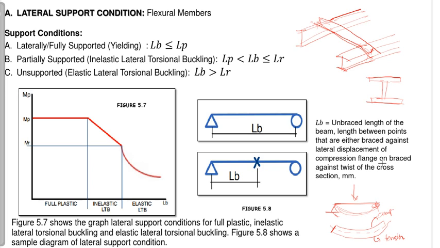Kaya pag ito yung beam natin, ito yung section natin, andito yung neutral axis natin, ito yung compression zone natin sa taas. Kaya yung paglagay natin ng intermediate beam sa lateral support natin ay sa ibabaw nung dalawang beam.